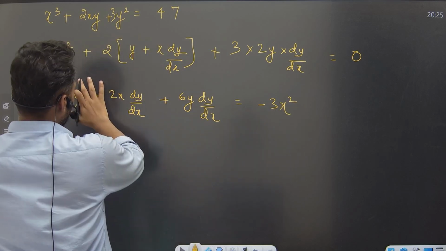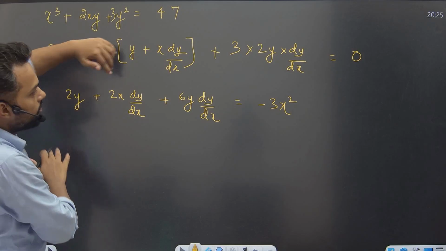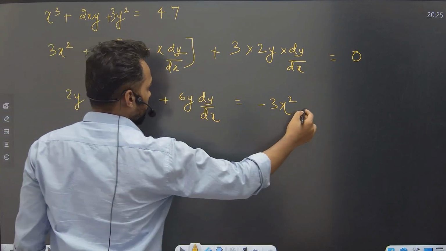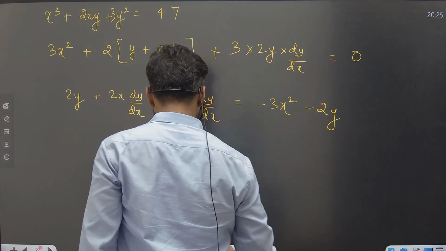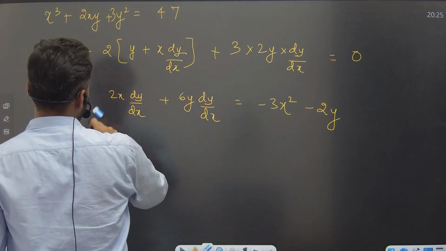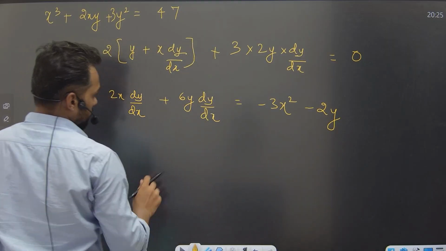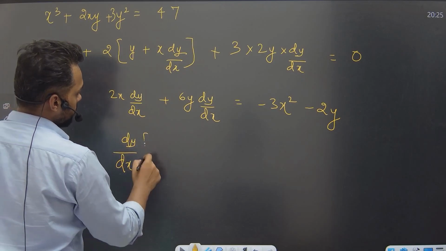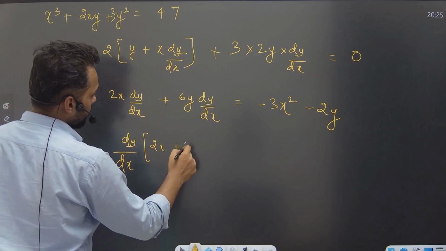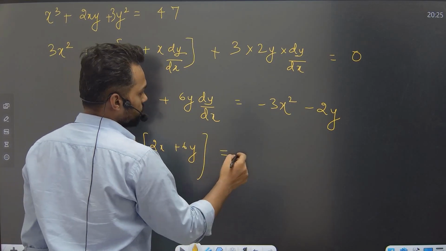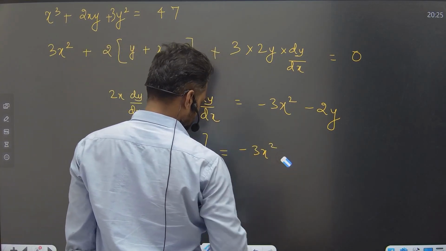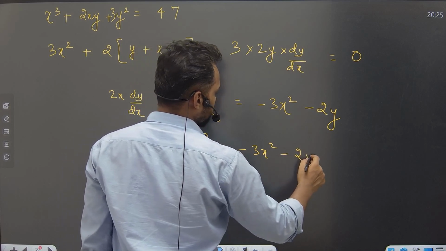Same 2y, again this part also we are transposing to the right hand side, so it will be negative of 2y. Here if I say taking dy by dx as common student, so we will get 2x plus of 6y equals to minus of 3x square plus of negative of 2y.